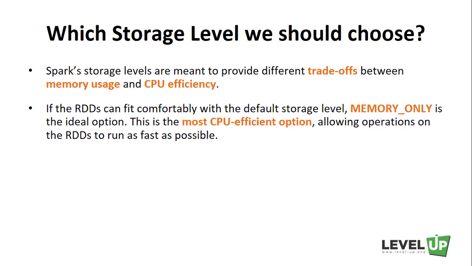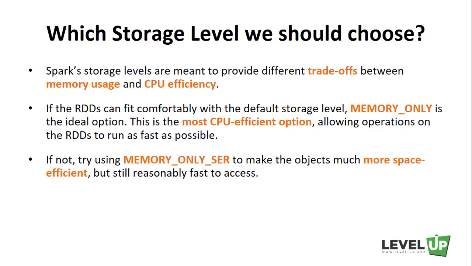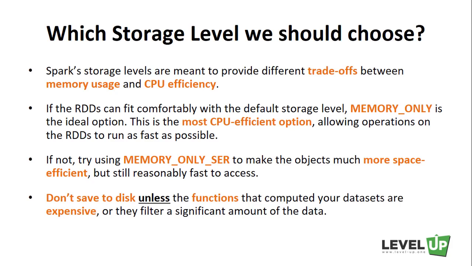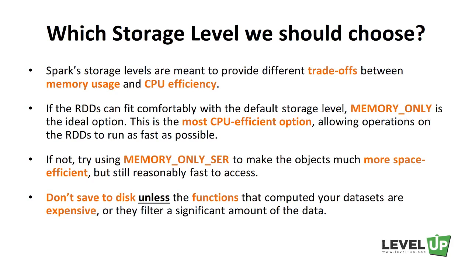If not, try using memory only SER to make the objects much more space efficient, but still reasonably fast to access. Don't save to disk unless the functions that computed your data sets are expensive, or they filter a significant amount of the data. Otherwise, recomputing a partition may be as fast as reading it from disk.